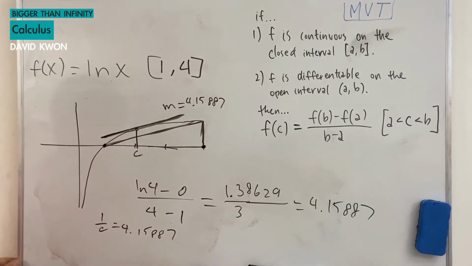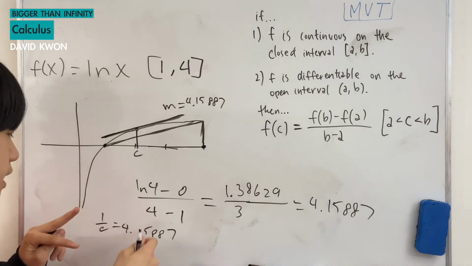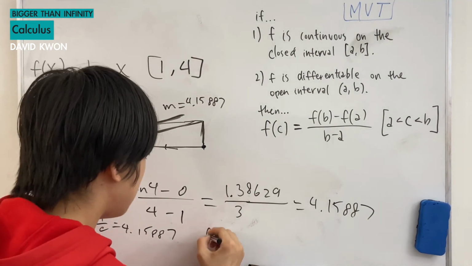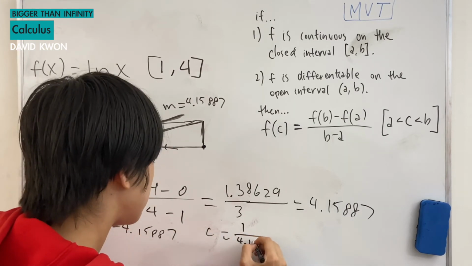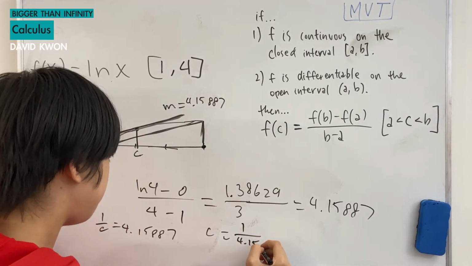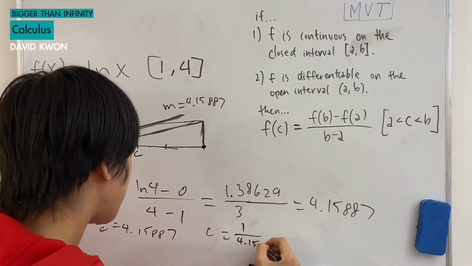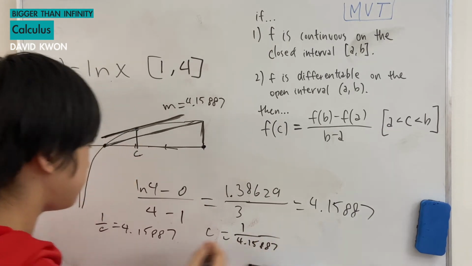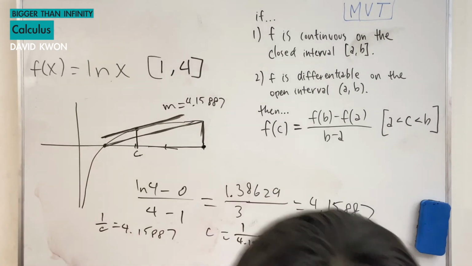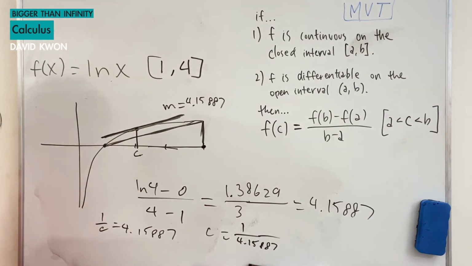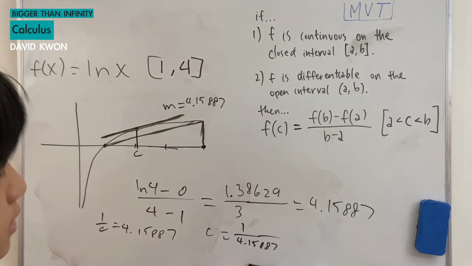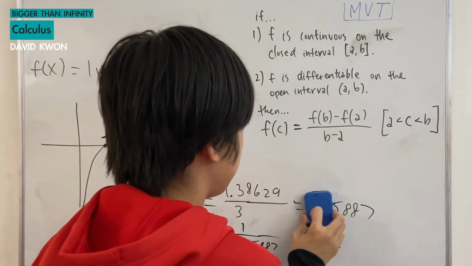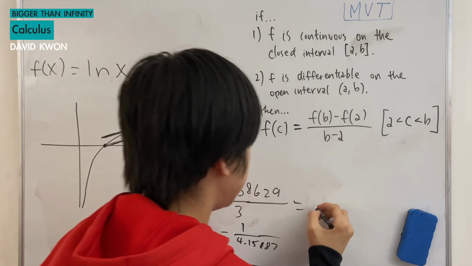So 1 over c is equal to the slope. To do this we use some algebra, or we can just invert both sides. So c is equal to 1 over the slope. Doing that on the calculator, I must have done something wrong. Okay, I did something wrong somehow.